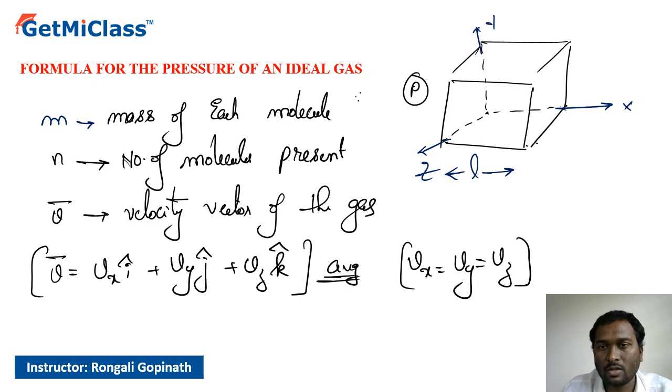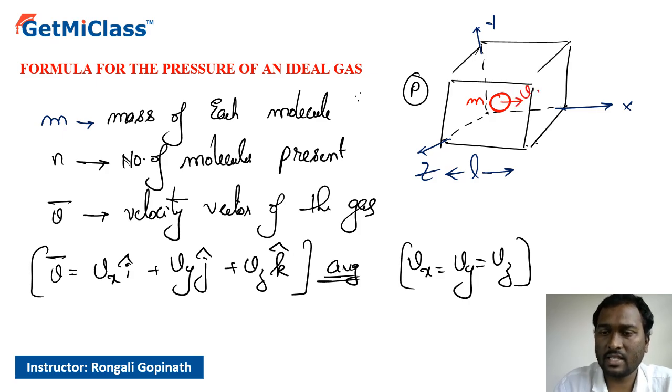All right. So, getting ahead to find the formula for pressure of an ideal gas. First, let's take a molecule of the gas having a mass m, and it is having a velocity v like this in the x direction, isn't it?